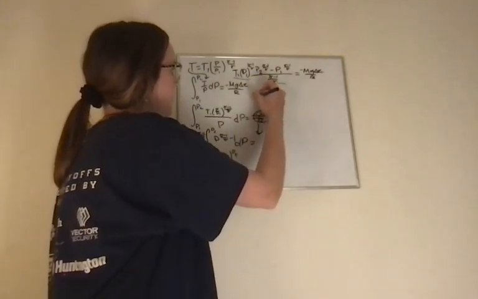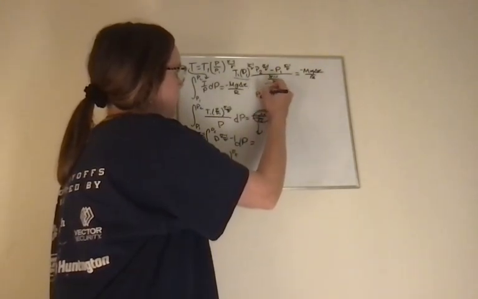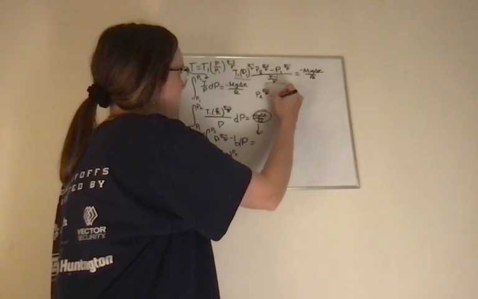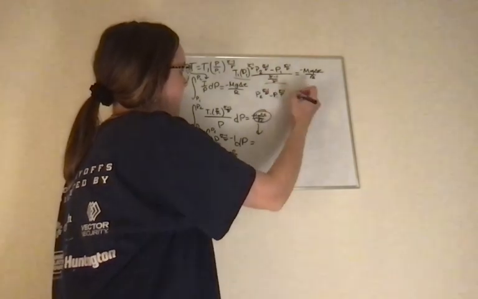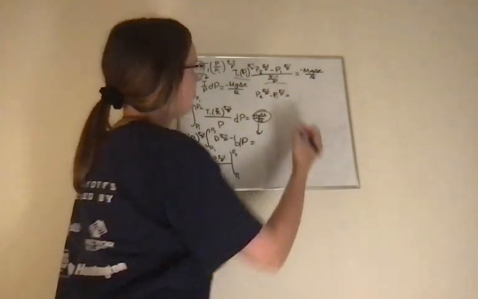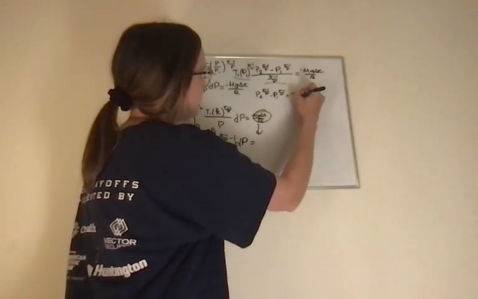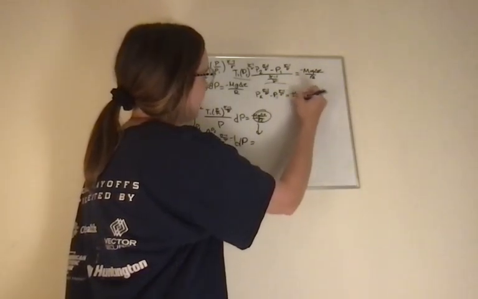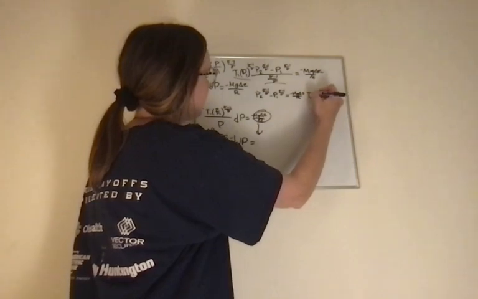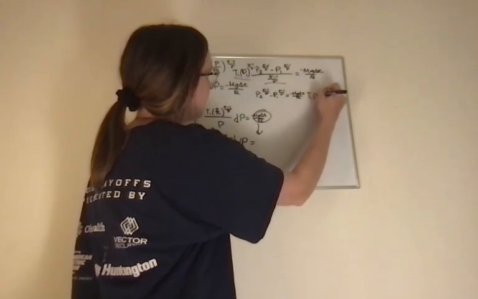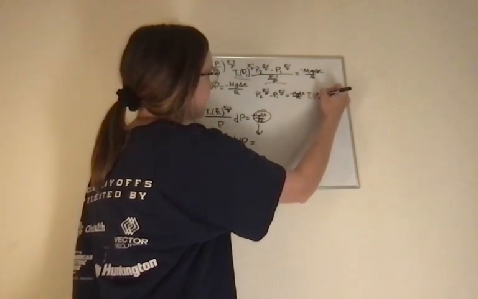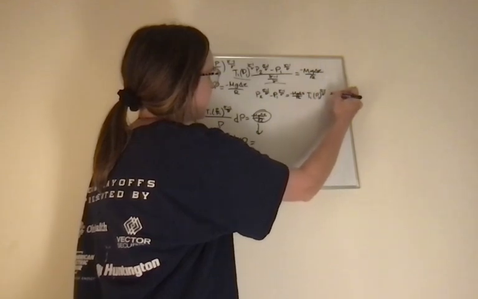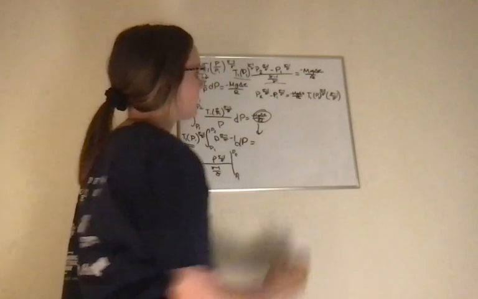So we're going to end up with P2 to the gamma minus 1 over gamma minus P1 to the gamma minus 1 over gamma is equal to negative mg delta z over R times T1 times P1 to the gamma minus 1 over gamma times gamma minus 1 over gamma.